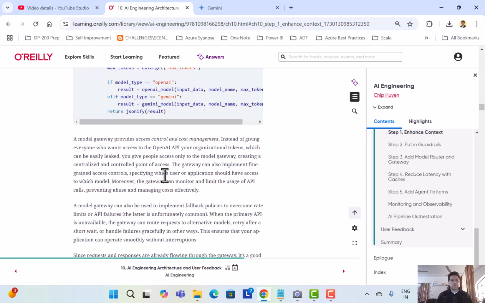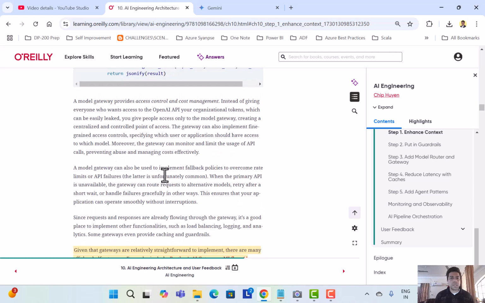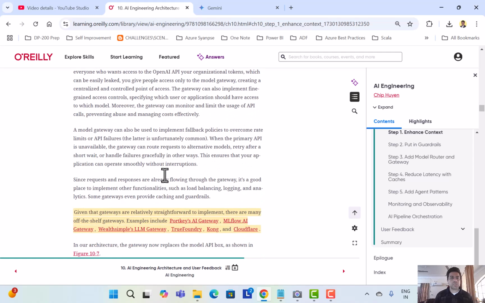A model gateway provides access control and cost management. Instead of giving everyone who wants access the OpenAI key, which can be easily leaked, you give people access only to the model gateway, creating a centralized control point of access. The gateway can also implement fine-grained access control, specifying which user or application would have access to which model. Moreover, the gateway can monitor and limit the usage of API calls, preventing abuse and managing costs effectively.